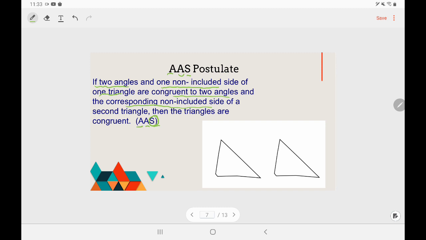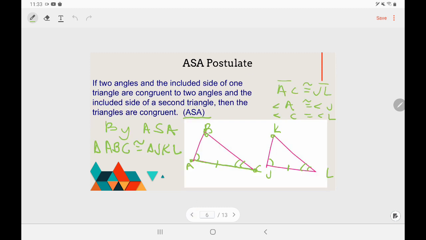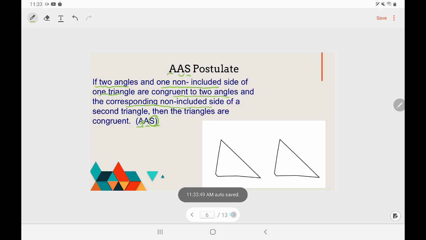Notice the side is not included in between my angles like on this one. The side is included between my angles. So the order that I write those letters is important. All right, so let's look at our diagram. If I have, and let's label our triangles again, A, B, C, J, K, L. If angle B is congruent to angle K, that's my angle.